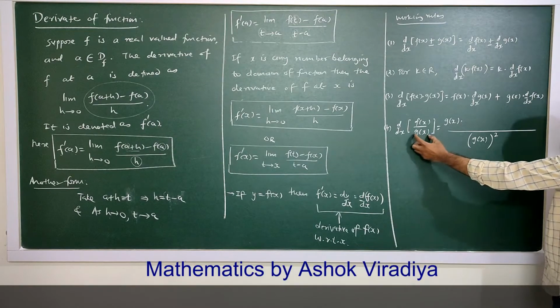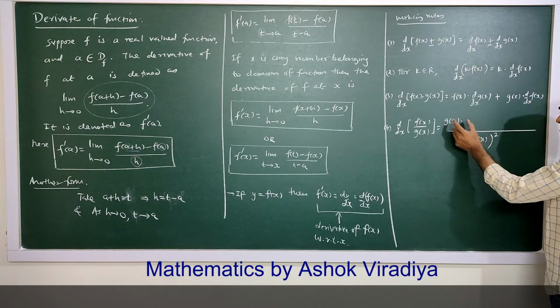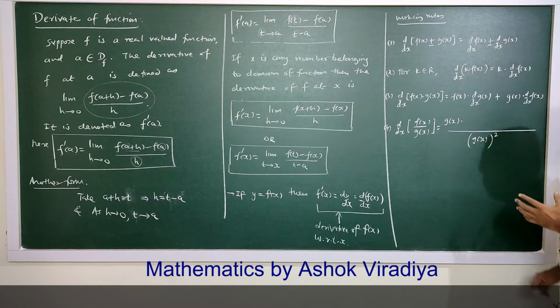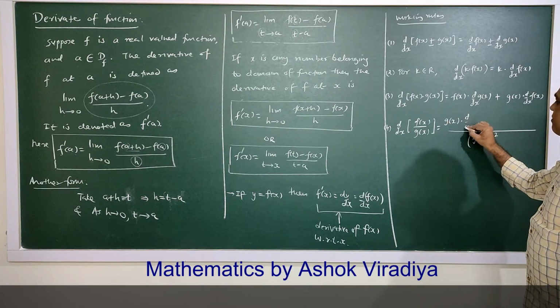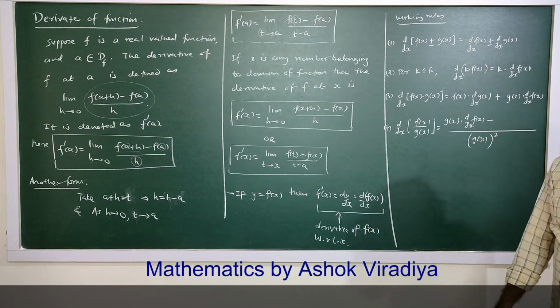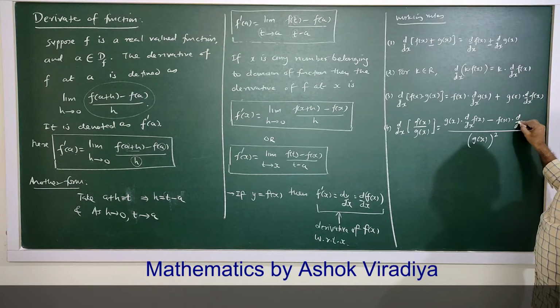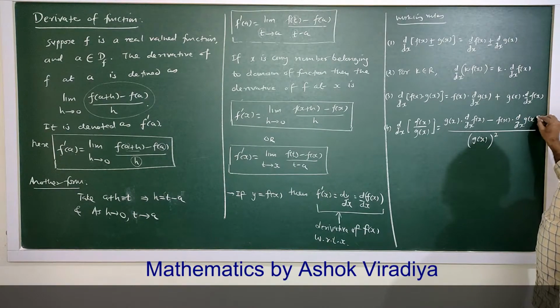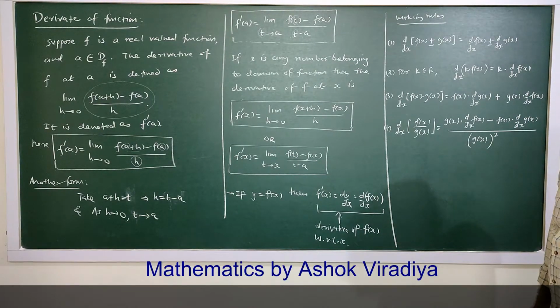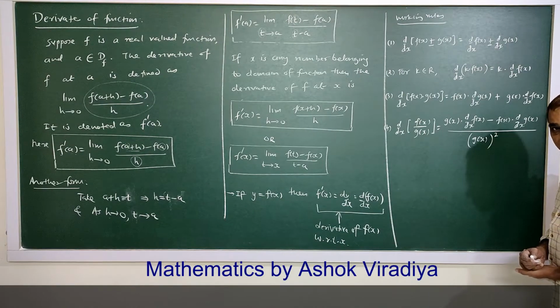Whatever you write here, same number right here, g(x) into derivative of f(x), then minus f(x) as it is, derivative of g(x). So that is the rule for quotient of two functions.